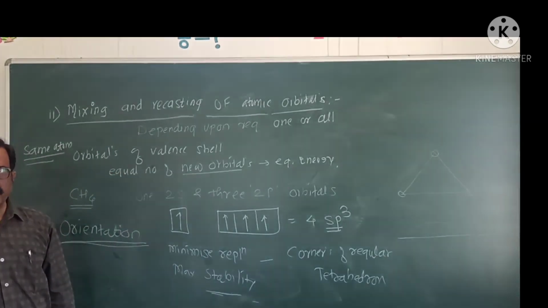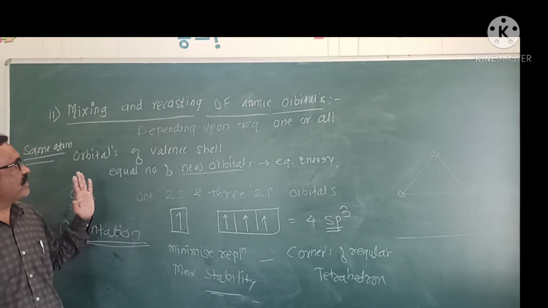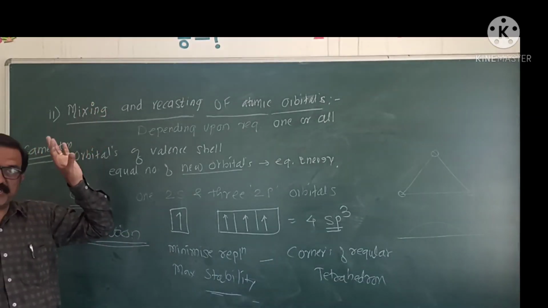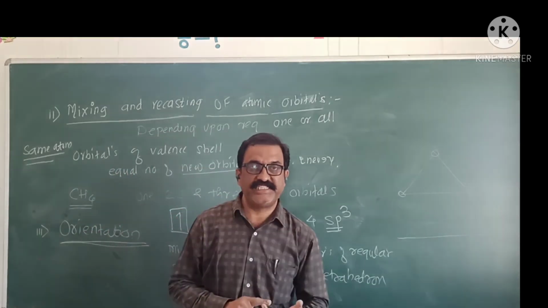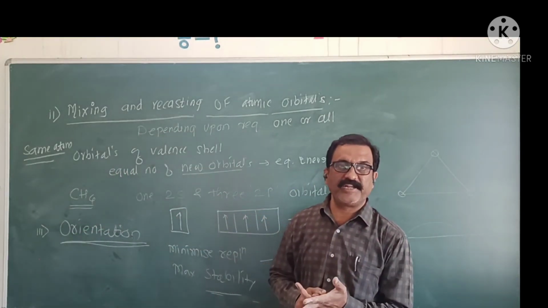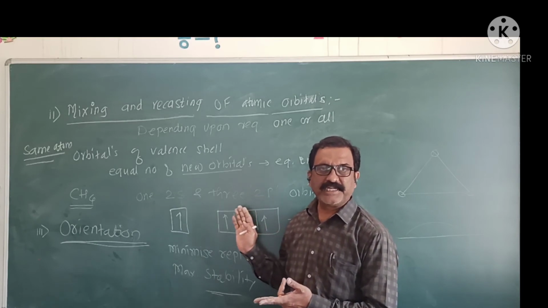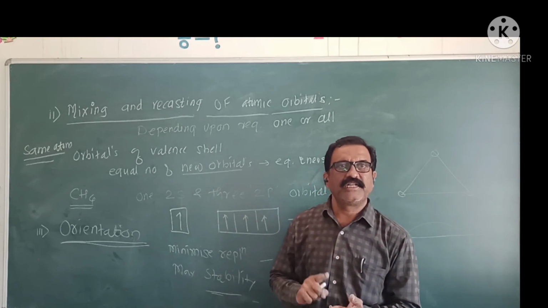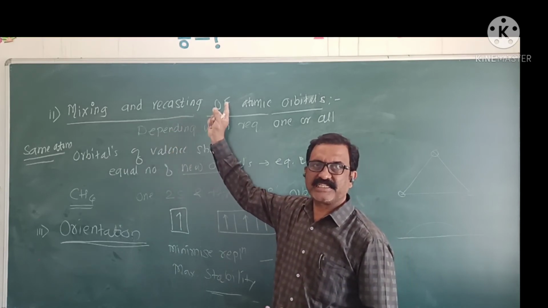What are the important steps? The important steps of hybridization: first, formation of the excited state. Why is it essential? If the number of unpaired electrons is less than the required number of bonds, the excited state is essential. Then step number 2, mixing and recasting.